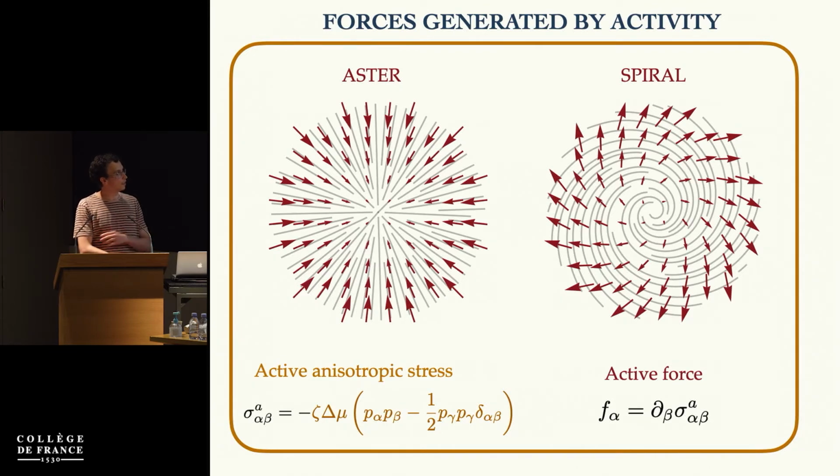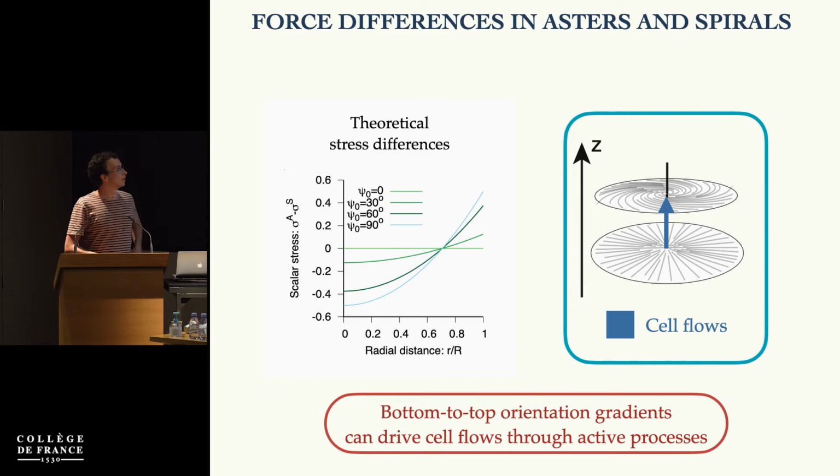And so what the theory would suggest is that the mechanics in the mounts is different between the base and the top based on this mechanism alone. And so if we go to the theory, and for instance, we compute the stress difference between the asters and the spirals, and here I'm neglecting anything that is in between, I'm simply considering a 2D monolayer, as a function of the angle of the spiral, you can see that the difference between these stresses increases when you increase the tilt of the spirals.